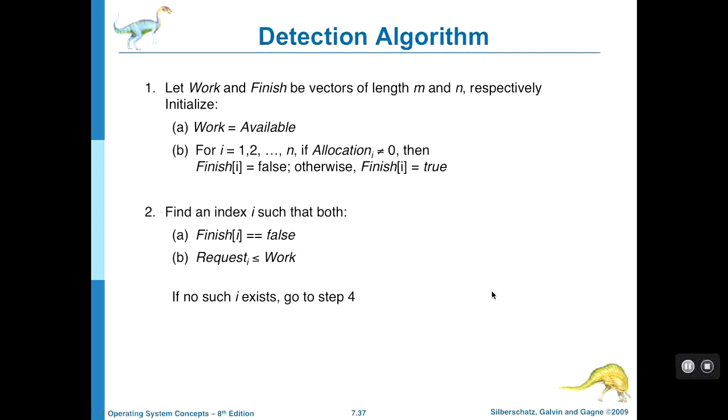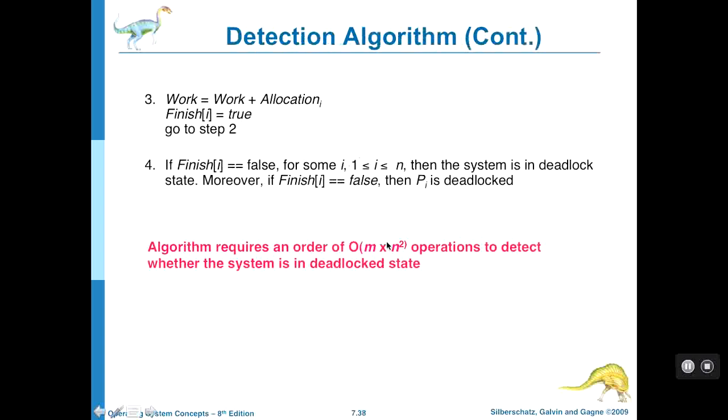Set your work equal to available, and if allocation is not equal to 0, then finish is equal to false, otherwise finish is equal to true. And find an index such that finish is equal to false and the work, your working number of resources, is greater than or equal to their request.